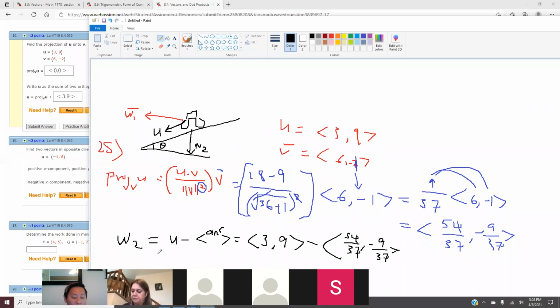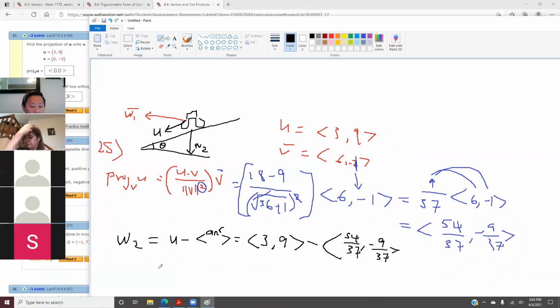So calculators you need. You guys know your ABC button in your calculator, right? Please use that wisely here because that will help you.